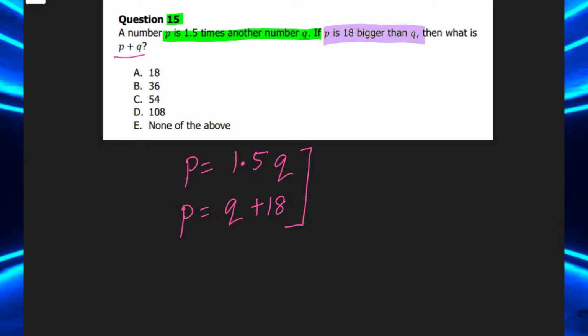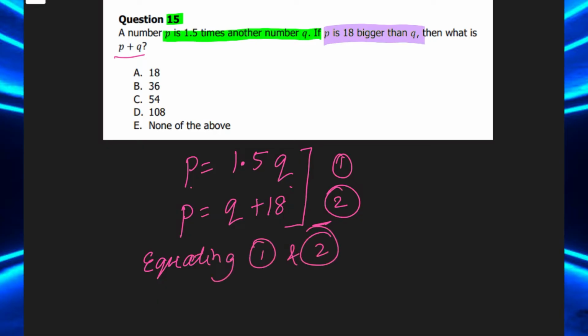Now, in order to solve that, we have 2 variables P and Q and 2 equations. So this is equation number 1. Let's see, this is equation number 2. So finding the value of P from here and equating equation number 1 and 2.